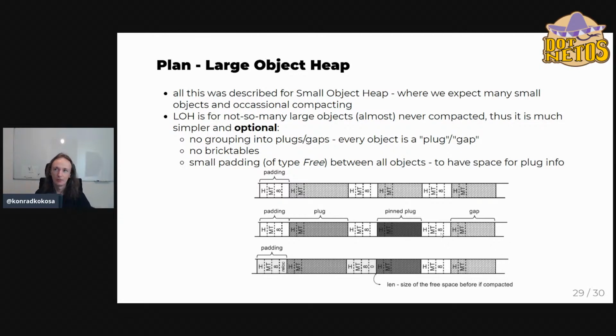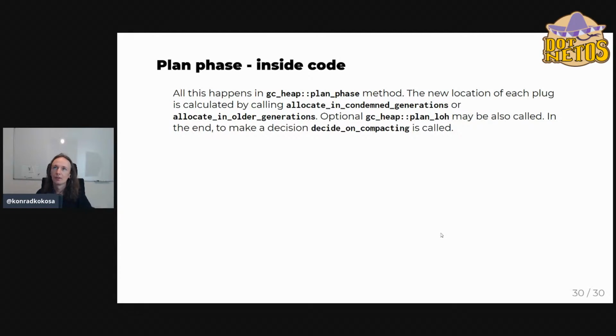Okay, so that's all. I don't have a big slide about code because most of the code is a huge while inside a huge while to scan objects, the plan phase to do all that scanning. So if you would be interested in looking at the code, you can find plan phase and start there.